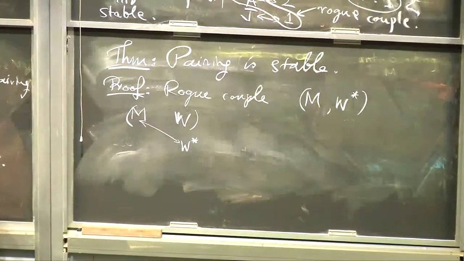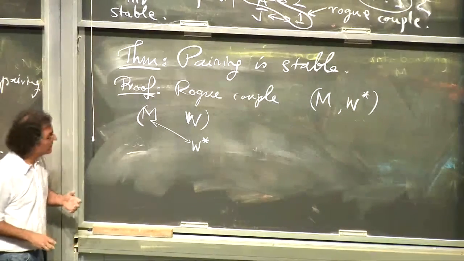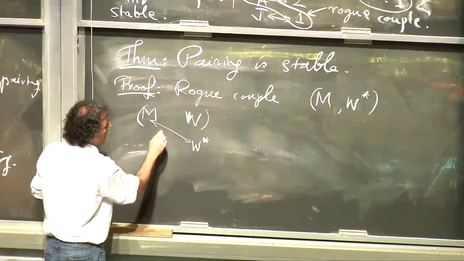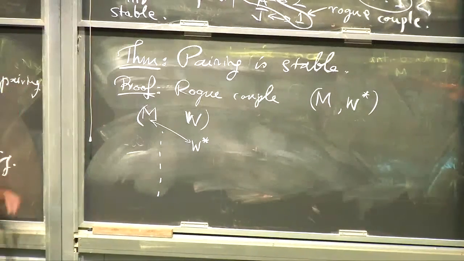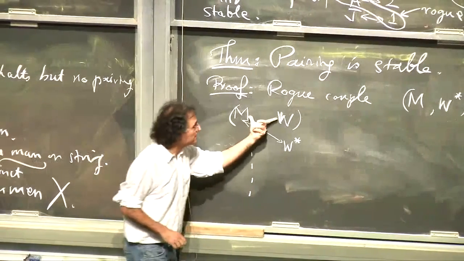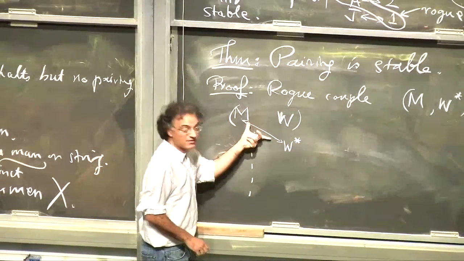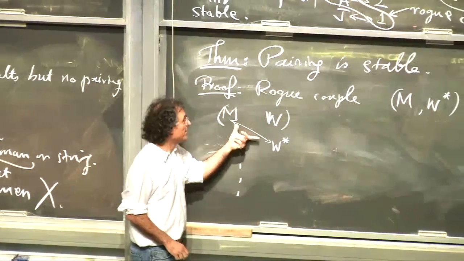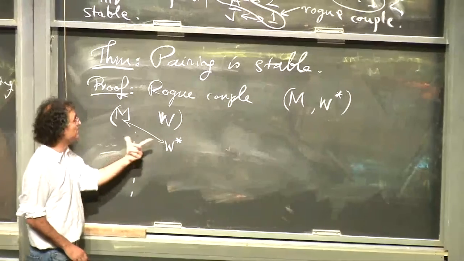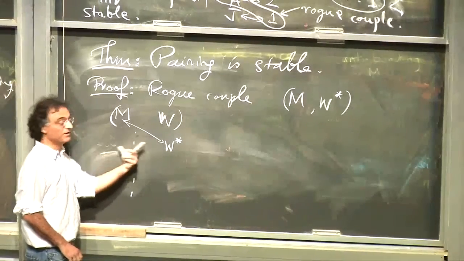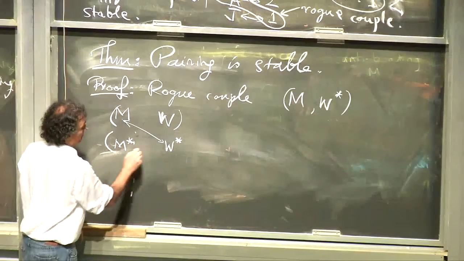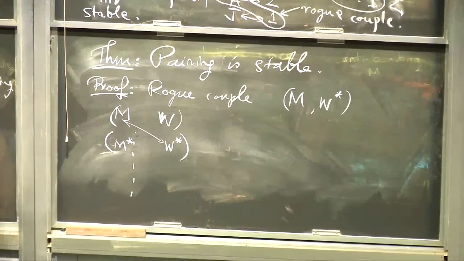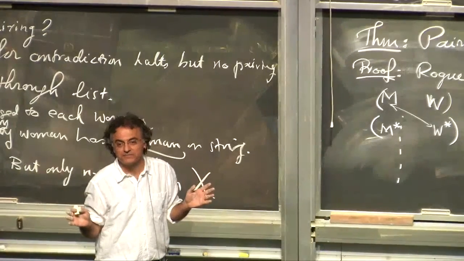So we have a pairing where M was paired with W and everybody else was paired with other people. These two were paired up, but now M and W star are a rogue couple, meaning M would rather be with W star and W star would rather be with M than whoever she's with. I'm going to claim this just cannot happen.